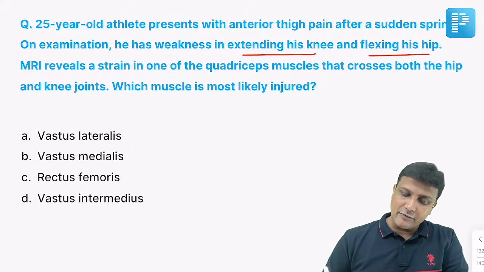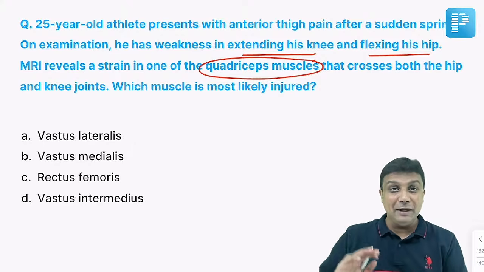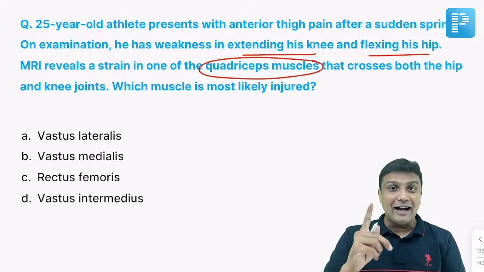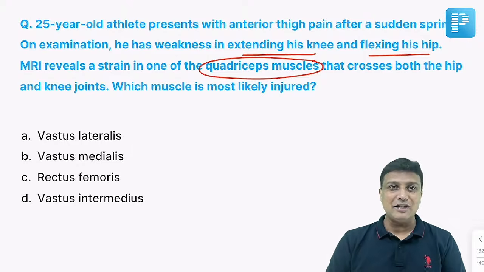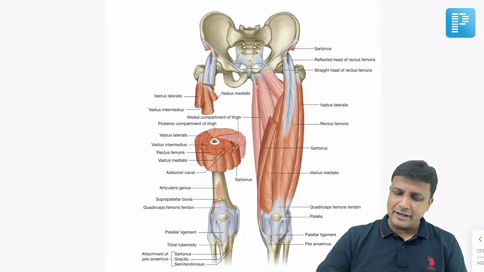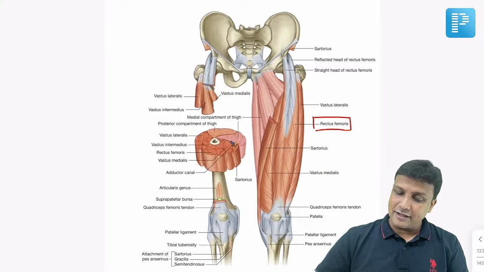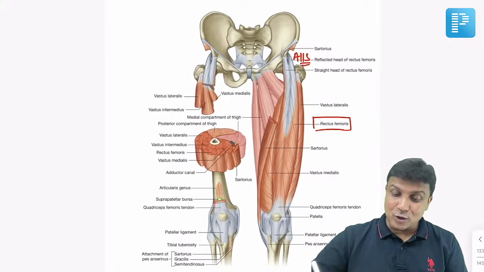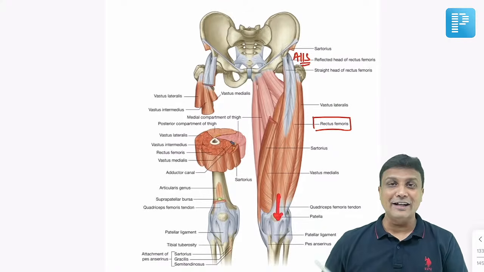MRI reveals a strain in one of the quadriceps muscles that crosses both the hip and the knee joint. अगर आपको याद होगा, मैंने अभी अभी आपको बताया था, in the attachments on the femur, rectus femoris. Rectus femoris कहाँ पर अटैच होता है? Rectus femoris will be attached on the AIIS, anterior inferior iliac spine. That means it is going to cross the hip joint, okay, and it is also going to cross the knee joint.